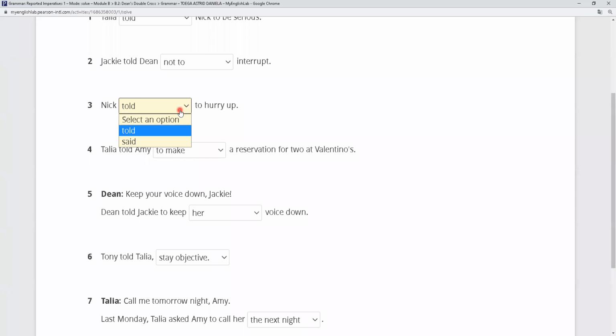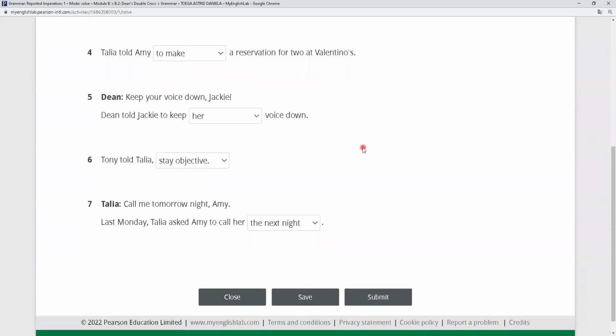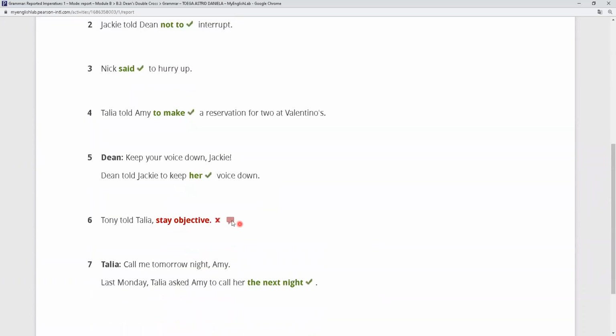Okay. All right, so now can we submit, or maybe you want to change something else? No, teacher. All right, so let's submit. All right, you only had one mistake.